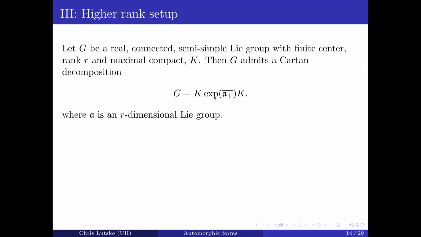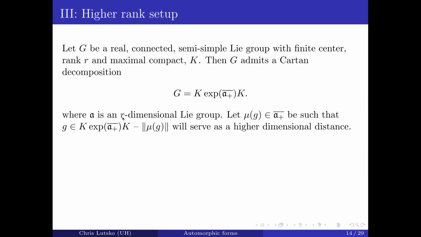So this works out the same, except that now, rather than having a 1-parameter geodesic flow, we have a 2-parameter or an r-parameter geodesic flow. So the distances are now measured in vectors in a way. Given a g, if we write it in its Cartan decomposition, then the A component is like the geodesic distance between 2 points.